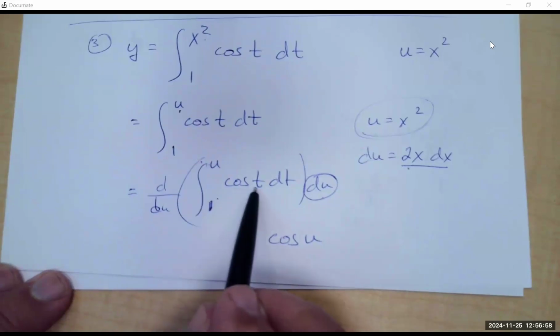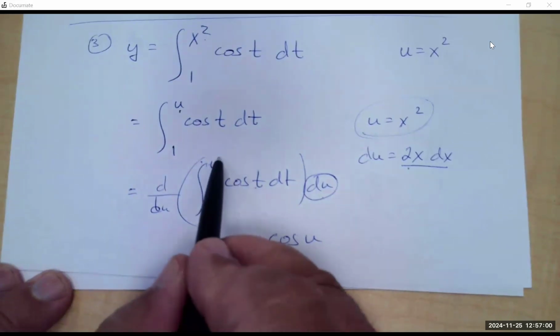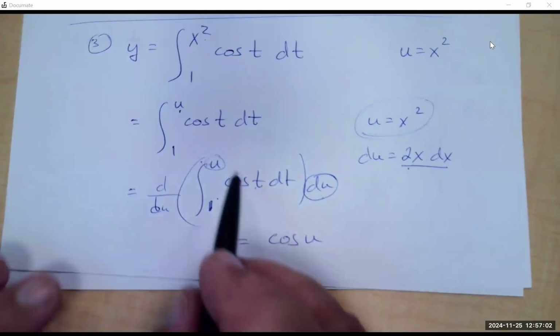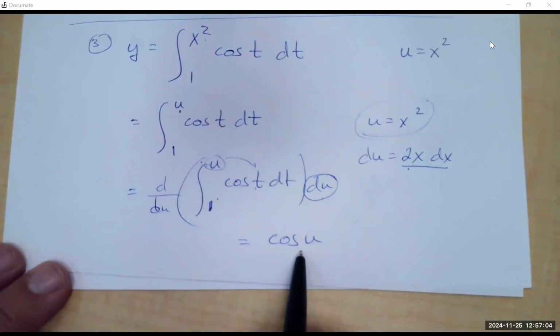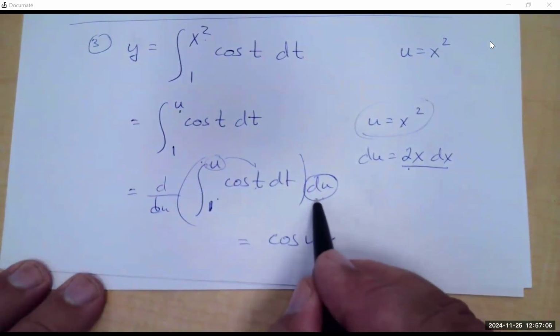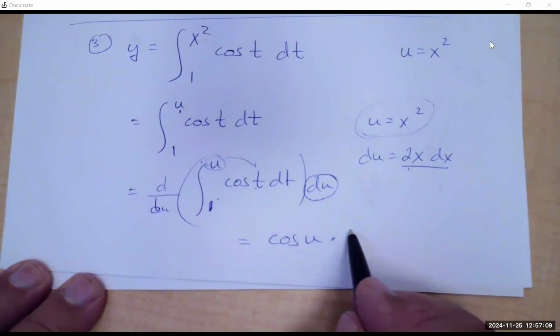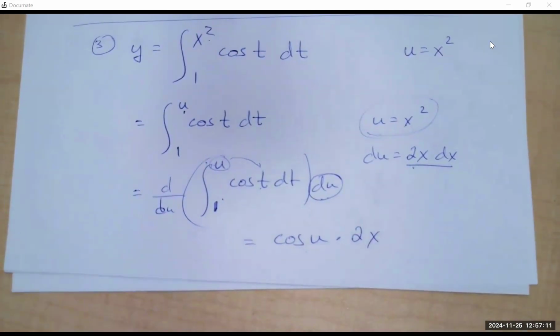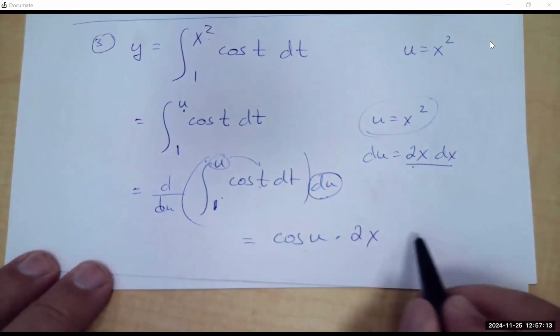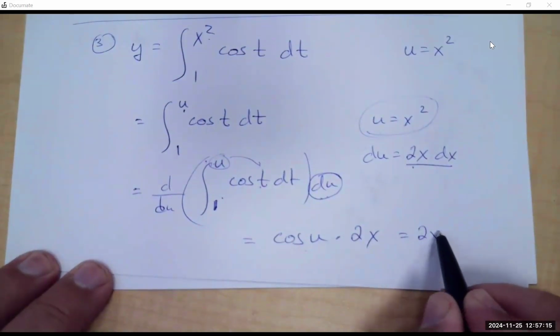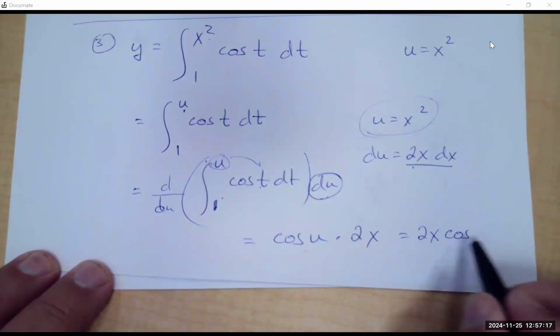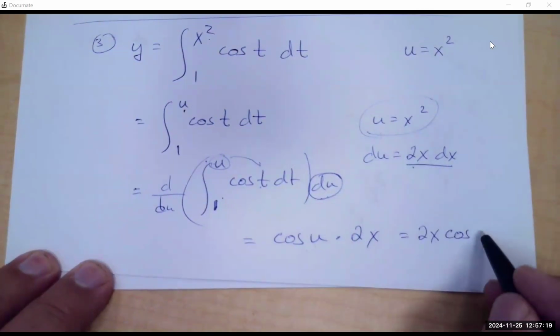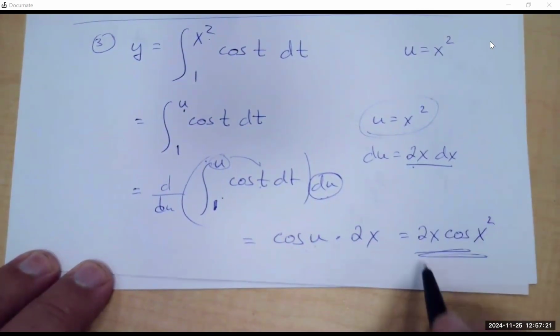So we just get cosine t, but it's going to u, so that becomes cosine u. What is du? du is 2x. So our final answer is 2x cosine of, what is u? x squared. And there's my answer.